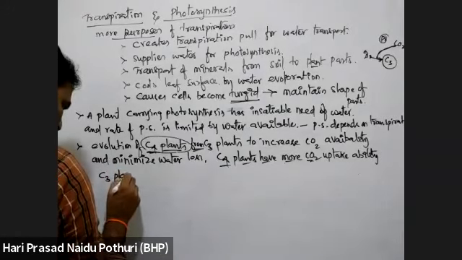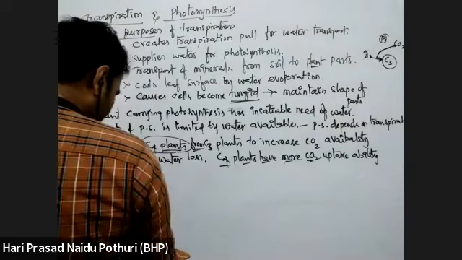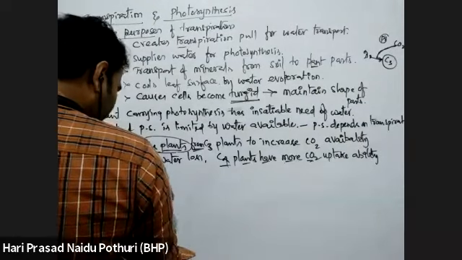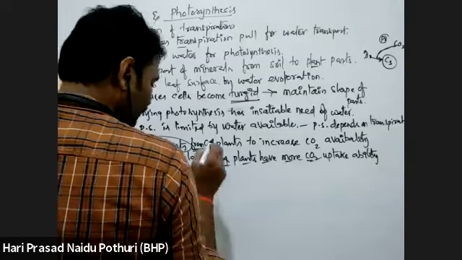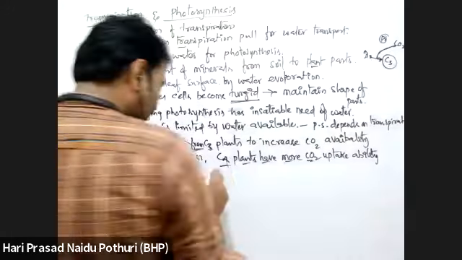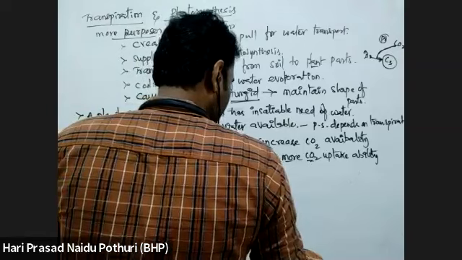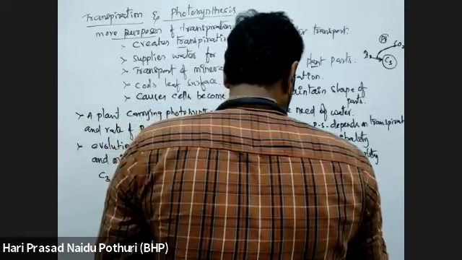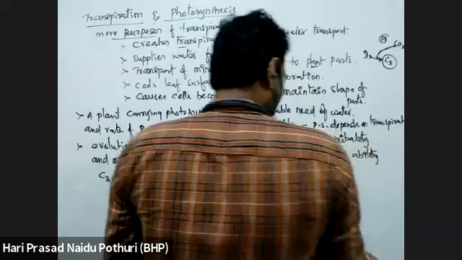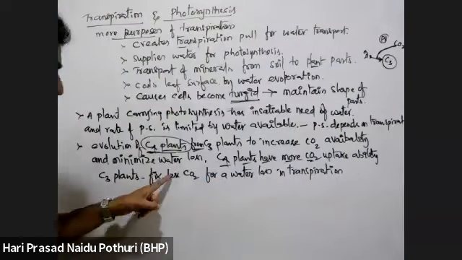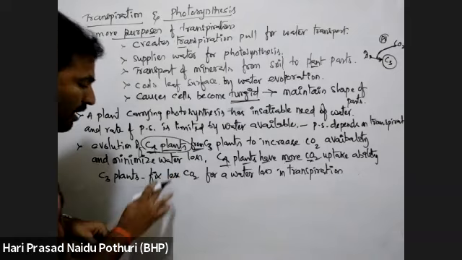C3 plants and C4 plants: for a particular amount of water loss in transpiration, C3 plants will fix less CO2.